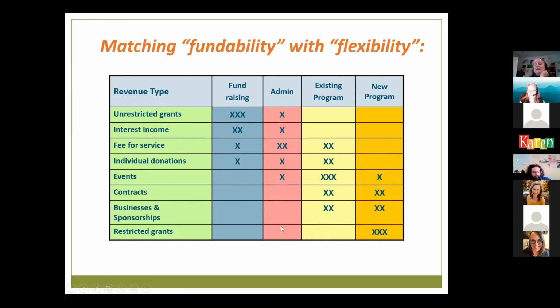But my guess is you do have to look at those other revenue streams to fund your admin and your fundraising costs. And so we do things like down here, we don't have to go after any operating grants to have our new programs funded, but we're going to look for operating grants that will help us with our administrative costs and our fundraising costs.